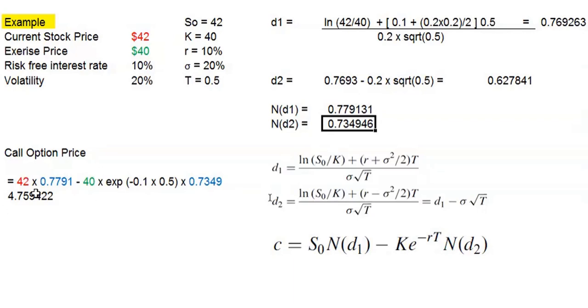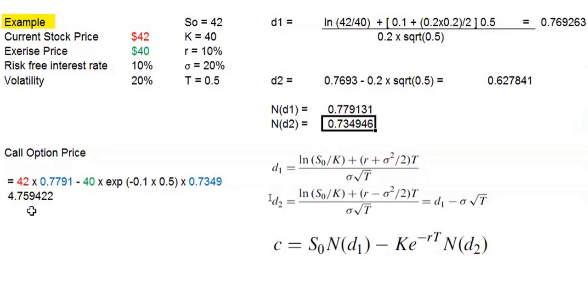So basically the call option price is S0, your underlying, which is $42, times ND1, which is 0.7791, minus K, your strike price, which is $40, times the exponent of minus risk-free interest rate times time to maturity, where the risk-free interest rate is 10%, 0.1, multiplied by time to maturity, which is 0.5, and then times ND2, which is 0.7349.